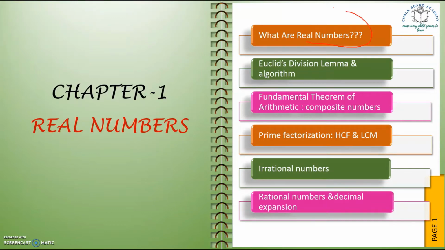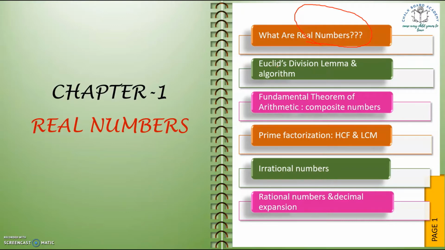Under that we have discussed real numbers, what they are and what their types are, like irrational and rational numbers. Under rational numbers we discussed integers, whole numbers, and natural numbers, and within natural numbers odd and even numbers, then prime and composite numbers, and thereafter co-prime numbers.